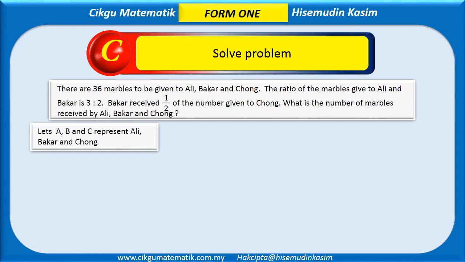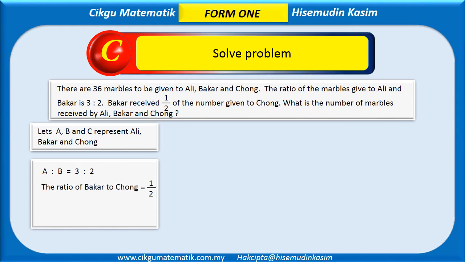Let A, B and C represent Ali, Bakar and Chong. The ratio of A to B is 3 to 2. The ratio of Bakar to Chong is 1 over 2. Thus, the ratio of B to C is 1 to 2.